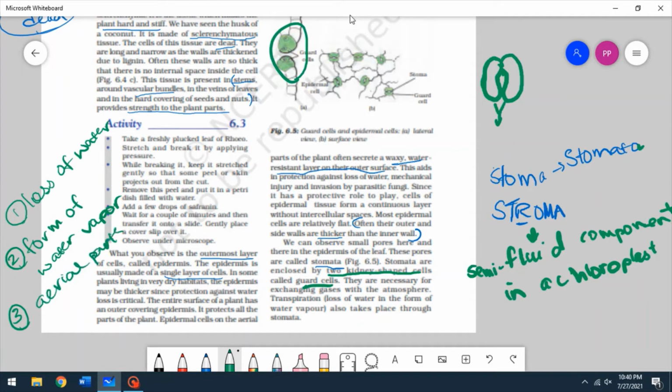Alright, that would be a more concise definition of transpiration.